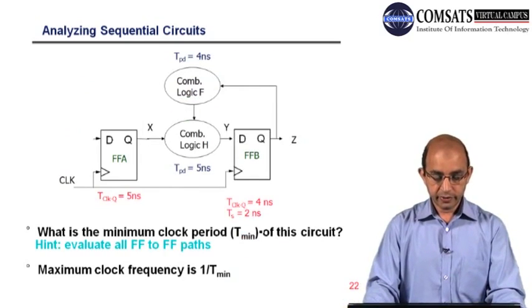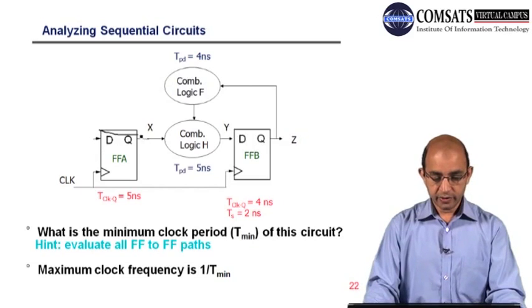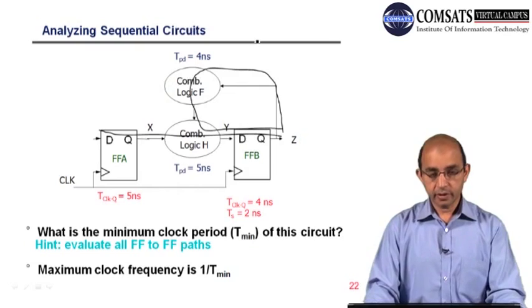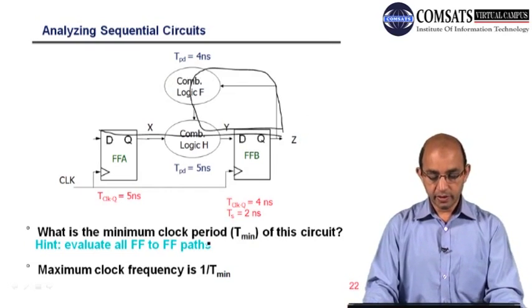You can also draw the waveform on your own. Here we have another example, with more than one path. You can see that this is one path, and then we have another path like this. Let me draw. This is one path, and this is another path from here to here, which you can call a loop. So what is the minimum clock period for this circuit?